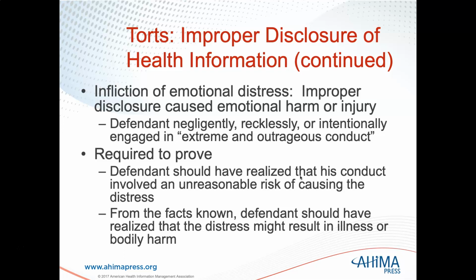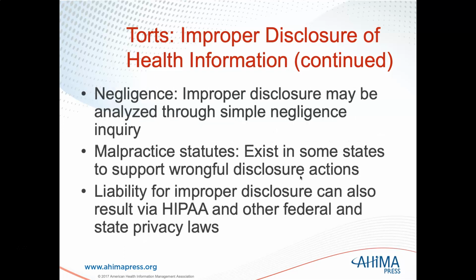They're required to prove that the conduct involved an unreasonable risk, and that based on the information that was released, the distress might have resulted in some type of damage or harm or injury. So negligence is improper disclosure, and you just go through a simple negligence inquiry.